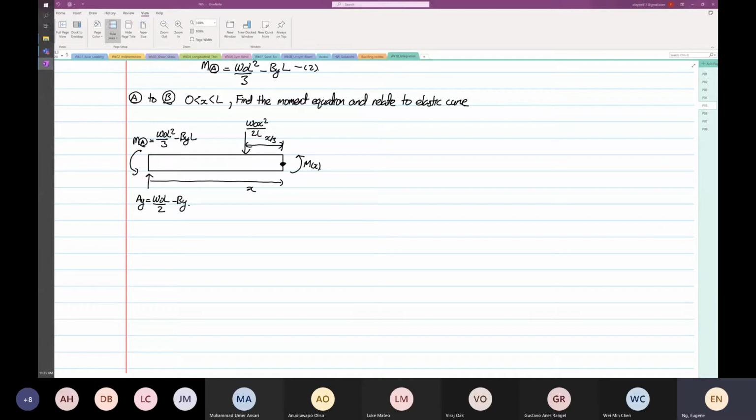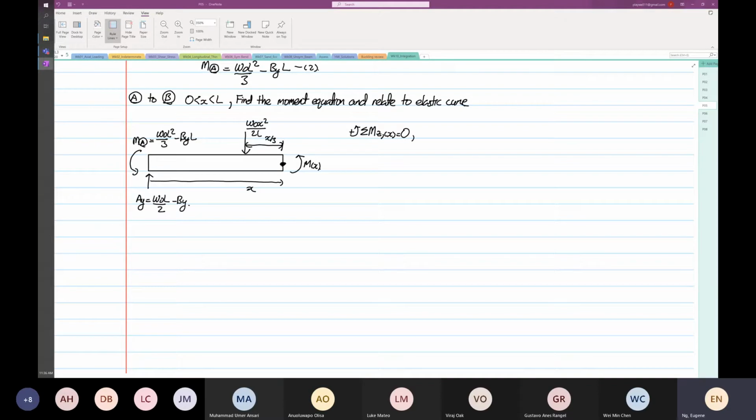Okay, so we're going to take the moment at the dot over there. We are going to write up positive summation of moment about the variable point x.